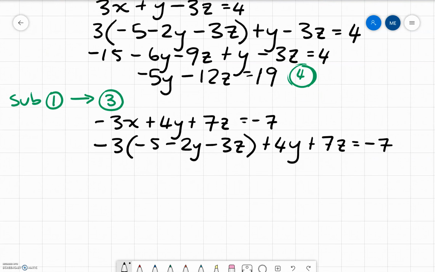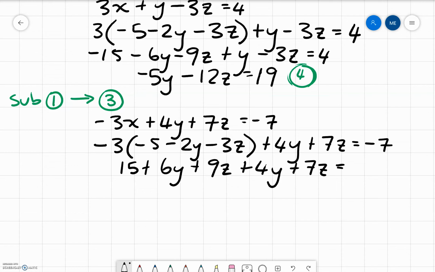So now I expand out the brackets, so I get 15 plus 6y plus 9z plus 4y plus 7z equals negative 7. And now I can simplify it again.